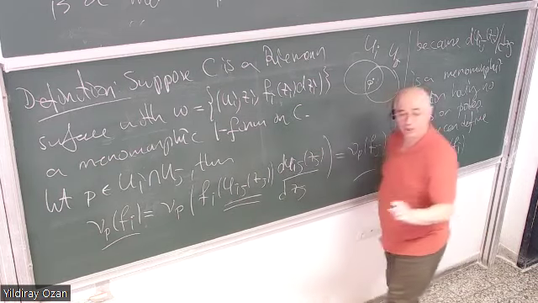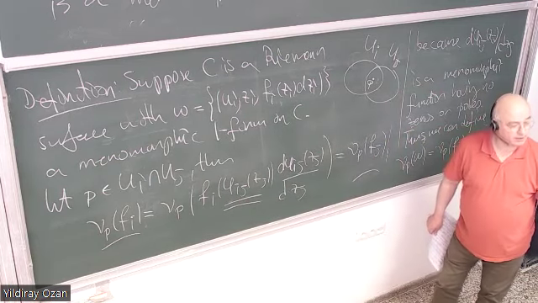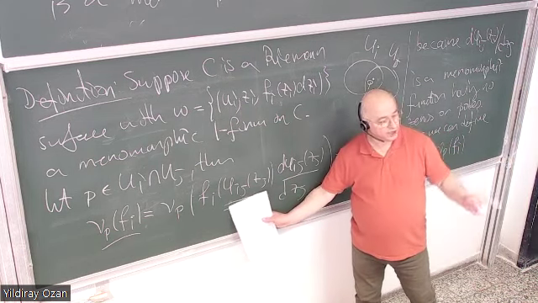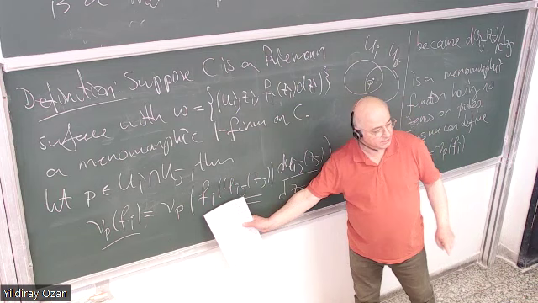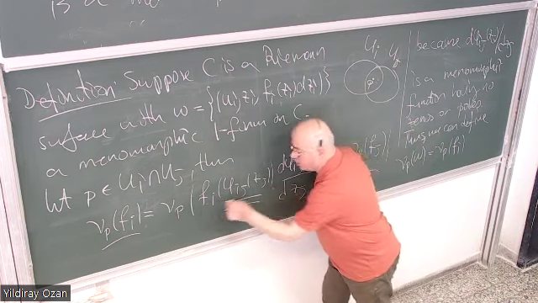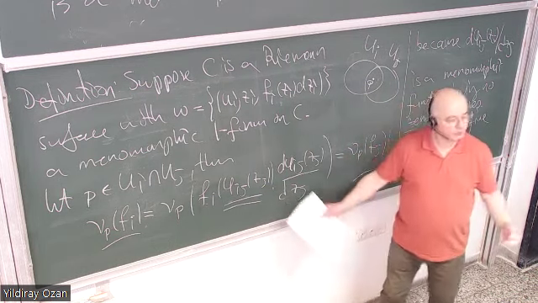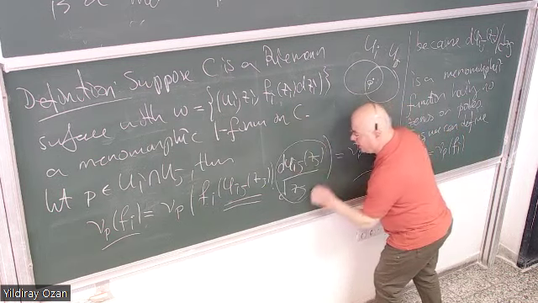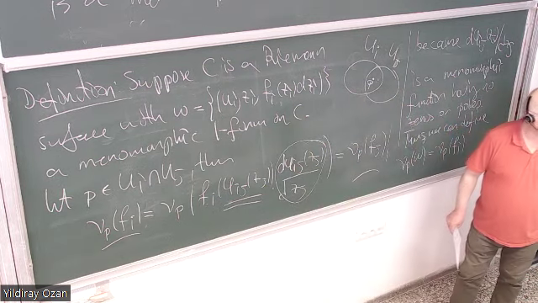Coordinate change, we proved that last time, I guess, or last week. Coordinate change doesn't change the multiplicity. So the multiplicity of this gadget is the same as the multiplicity of fi, because it's a holomorphic coordinate change. But this thing may change the multiplicity.